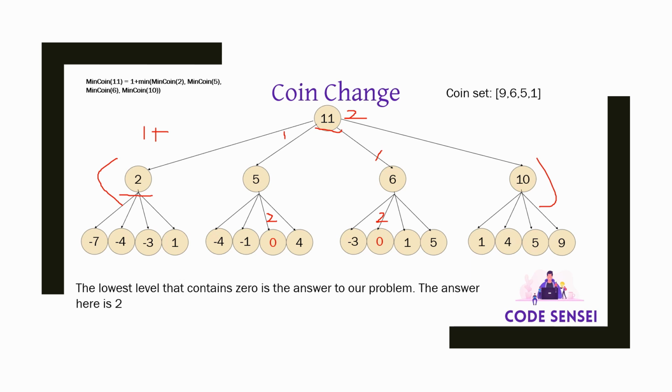And if we are calling the function for negative values, it should return -1, which will mean that it is impossible to get the value 11 using the combination of 9 and 9, or 9 and 6, or 9 and 5, and so on.